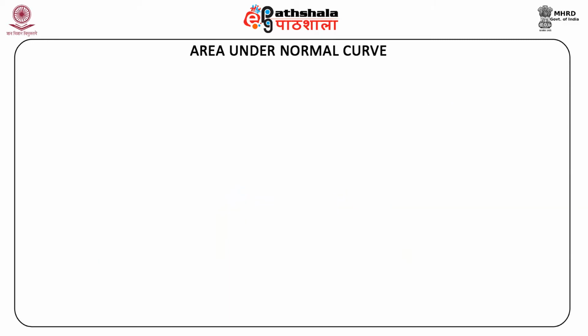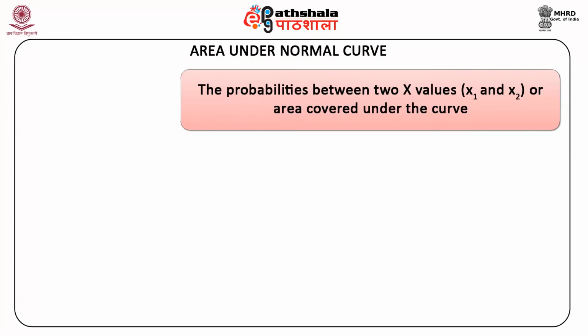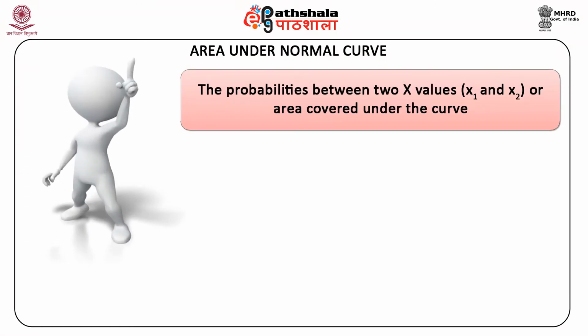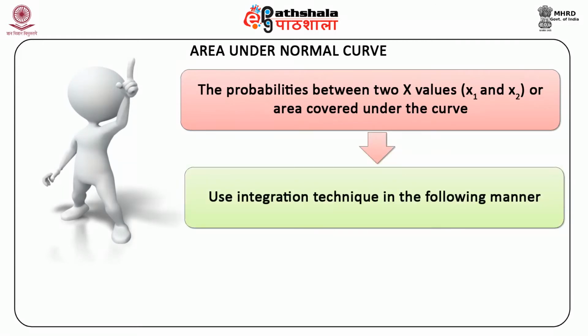Computing areas under the normal curve. In order to compute the probabilities between two x values, x1 and x2, or area covered under the curve between 2 points, we are required to use integration technique in the following manner.